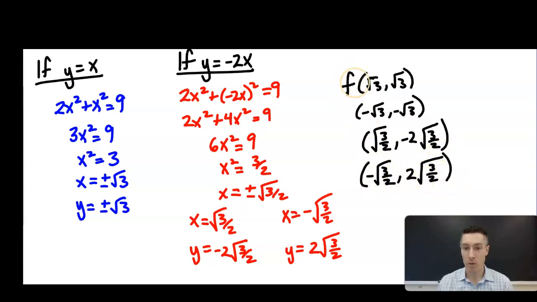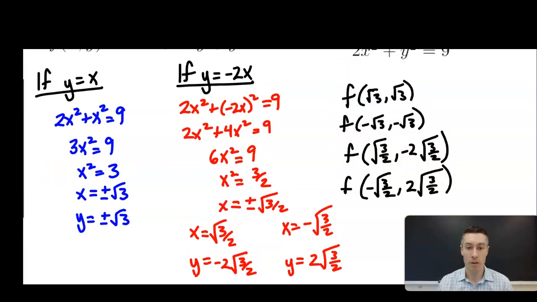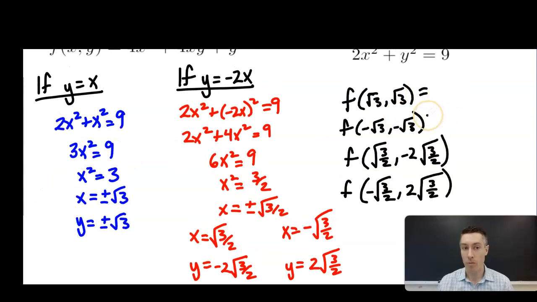Not the nicest critical points that we may find as we do Lagrange multipliers, but nonetheless, they are the critical points. We need to plug them into the function. I've done this ahead of time just to save us some time here. So we get 27 as the output for both root 3, root 3, and negative root 3, negative root 3.